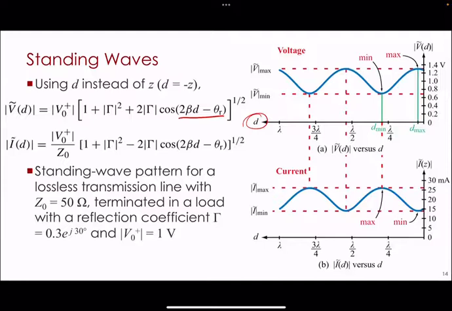So just by looking at the magnitude of gamma, if it's something really small, that means you have a really small reflection, which is going to cause less interference overall. If it's close to 1, that means almost everything is getting reflected.